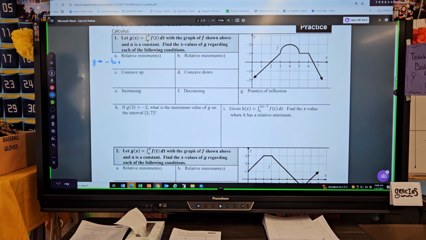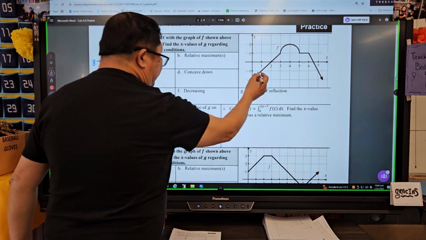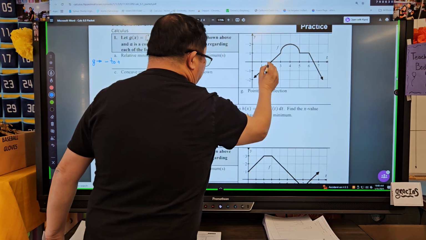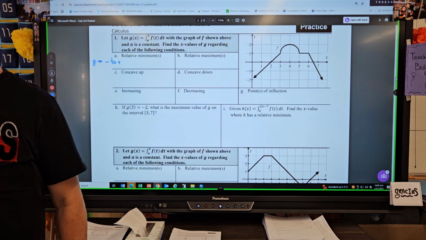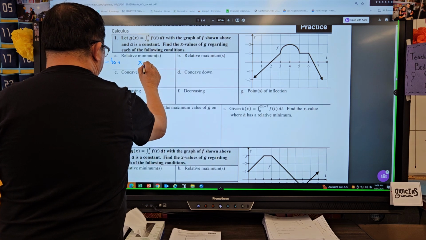At what value of x does the sign change from negative to positive? x equals 2. Will you agree, guys? So at x equal to 2, it changes the sign from negative to positive.